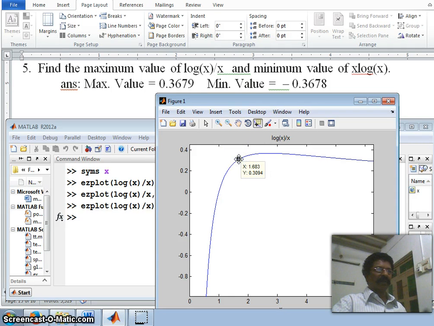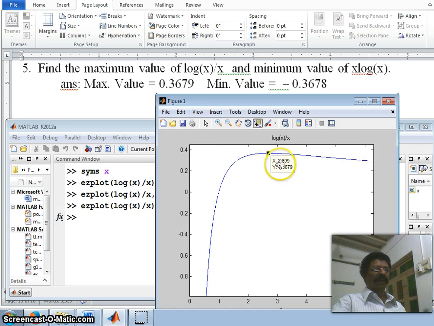See that the height is equal to 0.3094, and here 0.3334, 0.3524, 0.3647, 0.365. Right, here you see the value ranges 0.367, 0.3679. Right, so then it decreases.